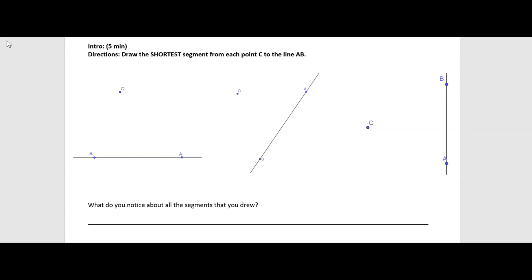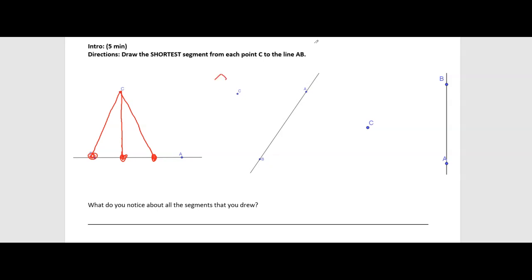So what you're going to do is draw the shortest segment possible from C to the line AB. So just for example, you have C up here. You can think about, is that the shortest segment to line AB? Or is there another segment I could draw? Maybe one of these is the shortest. You just need to figure out what the shortest one is.